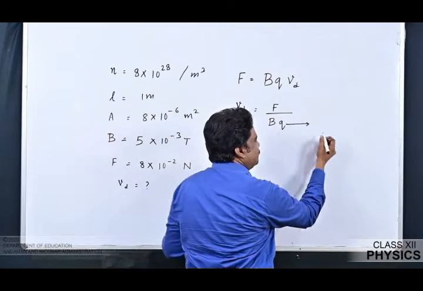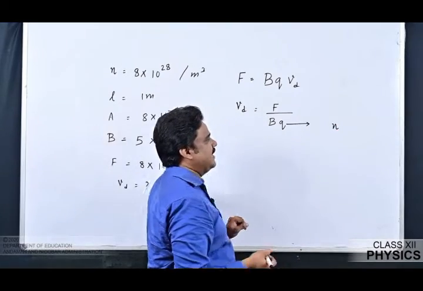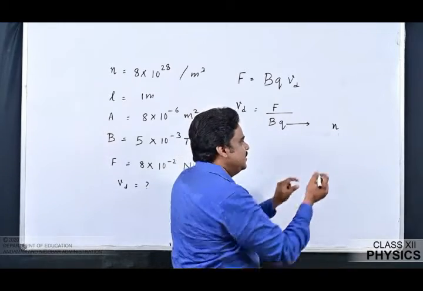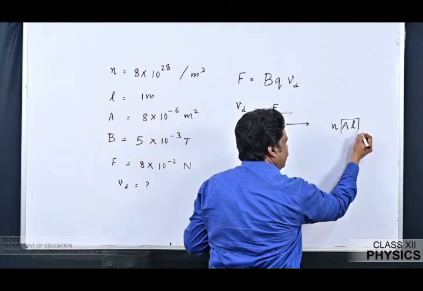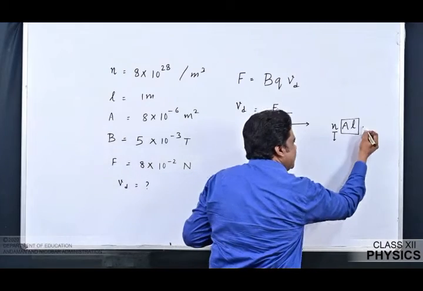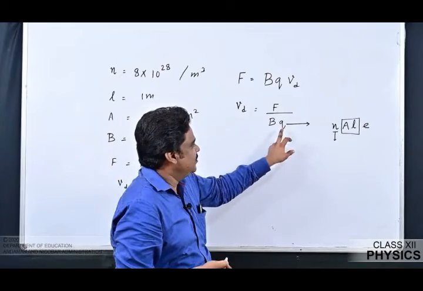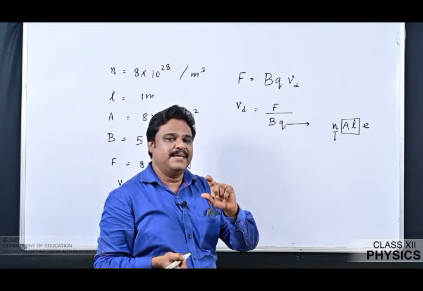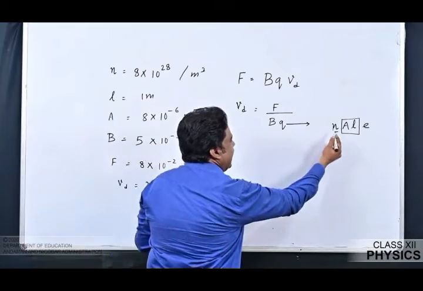If N is the number of electrons per unit volume, and the total volume of the wire is AL, and E is the charge on one electron, then the total charge in the wire is NALE. So I can replace this Q with NALE.